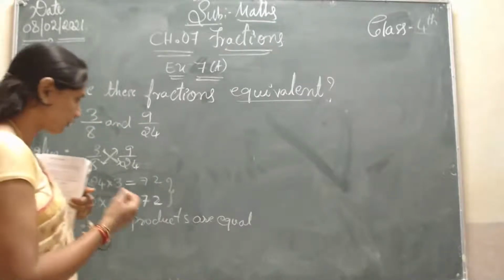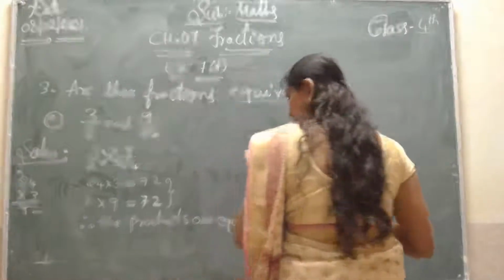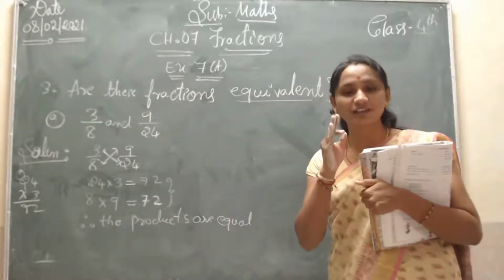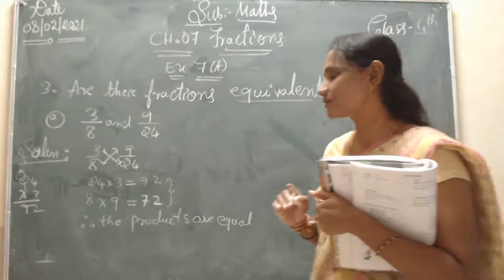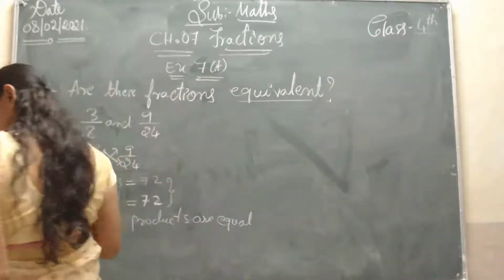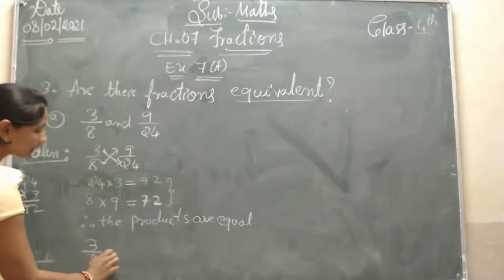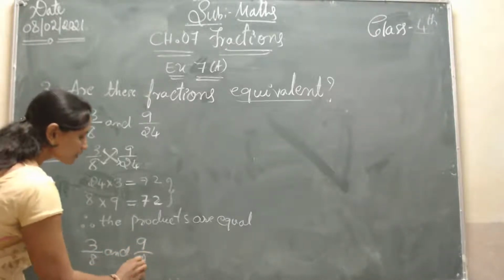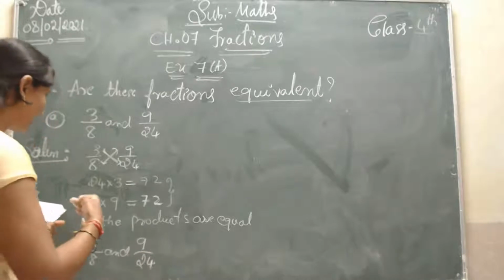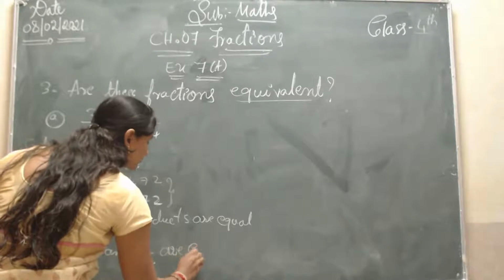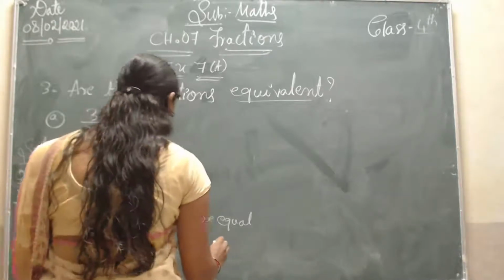Next we write the statement: 3 by 8 and 9 by 24 are equivalent fractions.